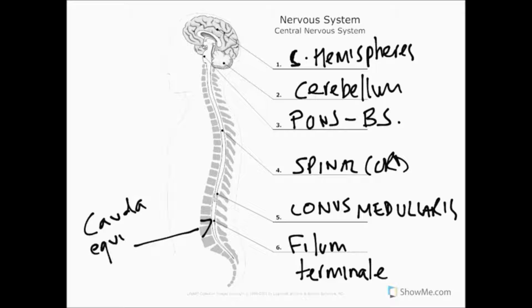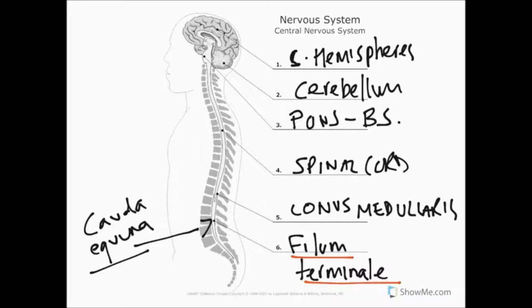So we must remember that cauda equina is actually nervous tissue, while the filum terminale down here is actually an extension of the conus medullaris and the connective tissue surrounding the spinal cord. It's not actually nervous tissue itself. So that's a quick labelling of the spinal cord.